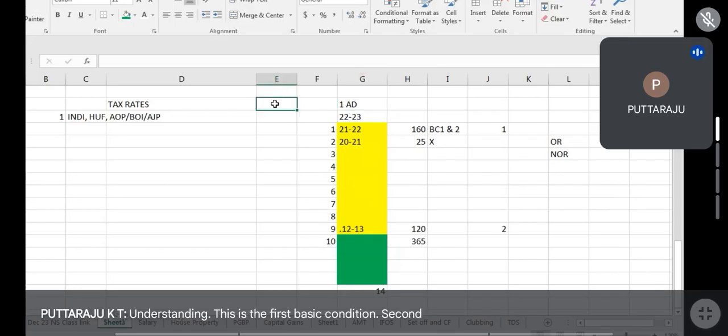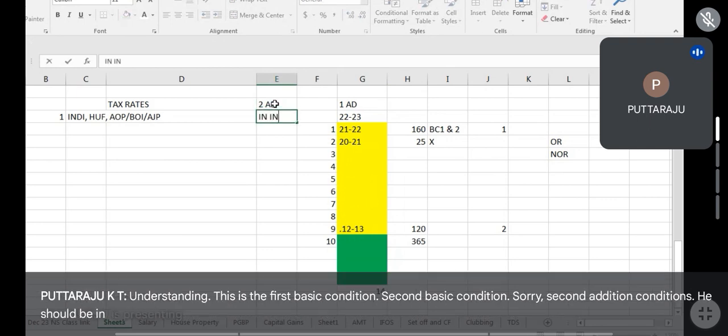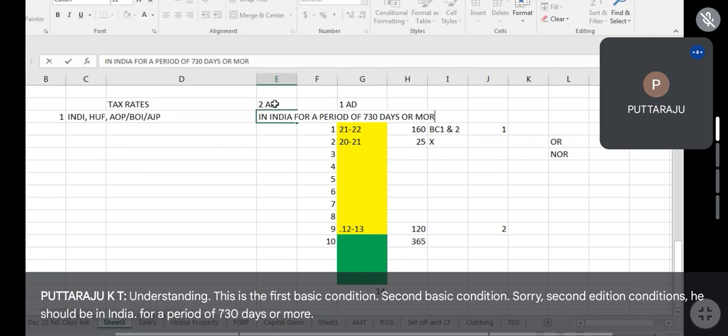Second additional condition: he should be in India for a period of 730 days or more during the 7 preceding previous years.